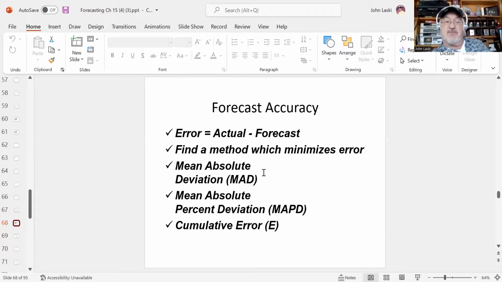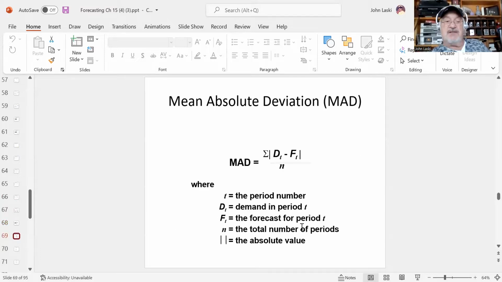We also can express this in terms of mean. Mean means average, we know that. Mean absolute deviation, or in terms of a percentage of this mean absolute deviation, and then subsequently cumulative error. Mean absolute deviation is the sum of the, what do these vertical lines mean, as opposed to parentheses?